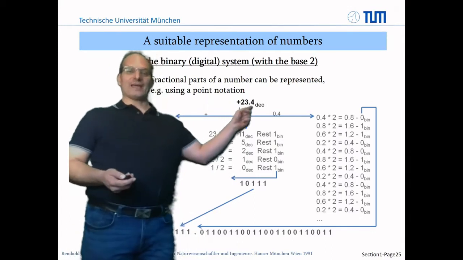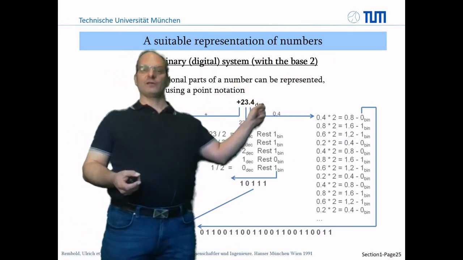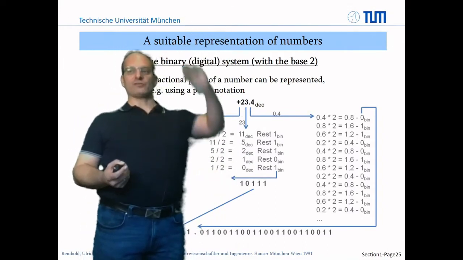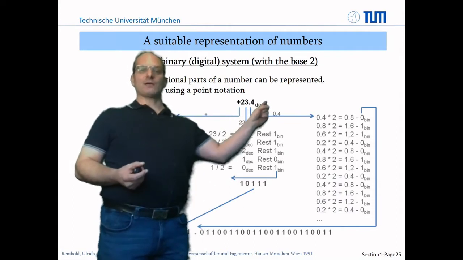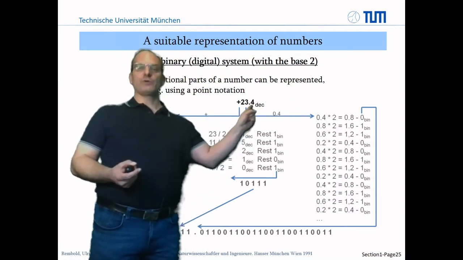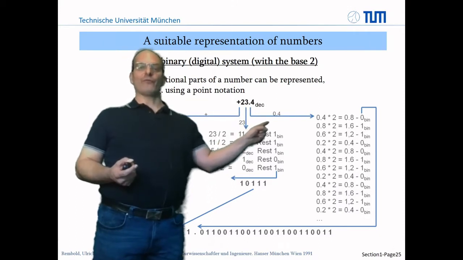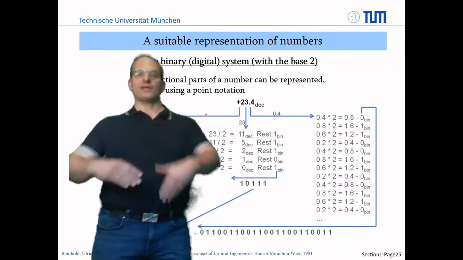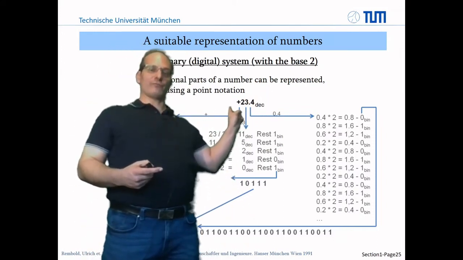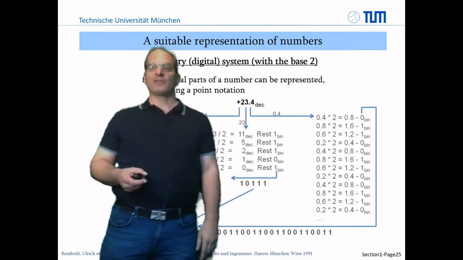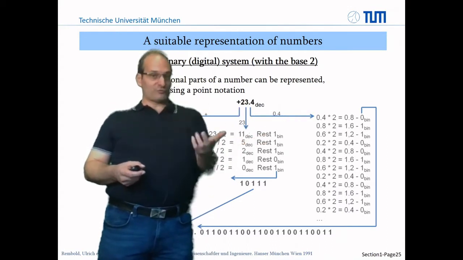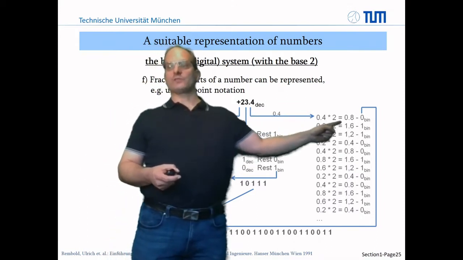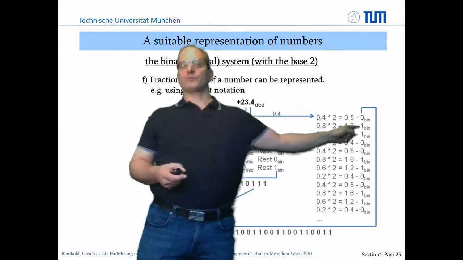And we also know that everything behind the dot can be represented with 10 to the power of -1, -2, -3. So what we can do is something like multiplying by 2. We take the 0.4 and multiply it by 2. And if we reach a state where we come to a position which is in front of the decimal dot, then we subtract 1. So 0.4 times 2 is 0.8. We don't have to subtract something.